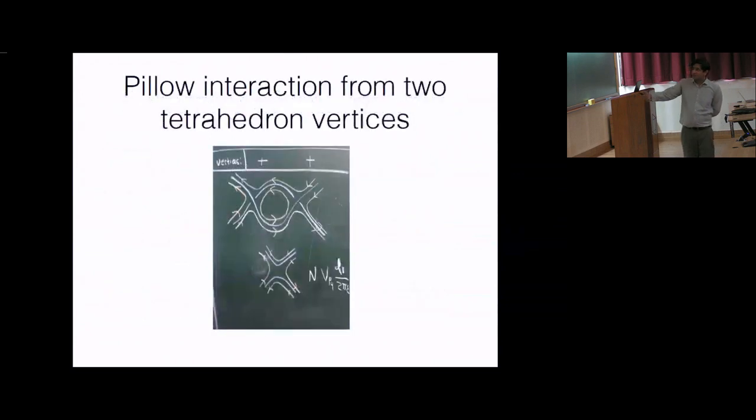Okay, and this is just a picture showing how a tetrahedron generates a pillow. So in this one loop diagram, you see 2 tetrahedron vertices, and when you follow the lines, you get a pillow interaction. So the blue line comes here.